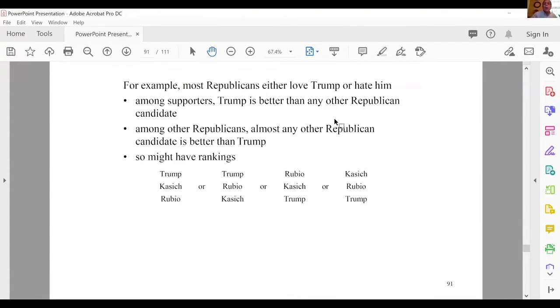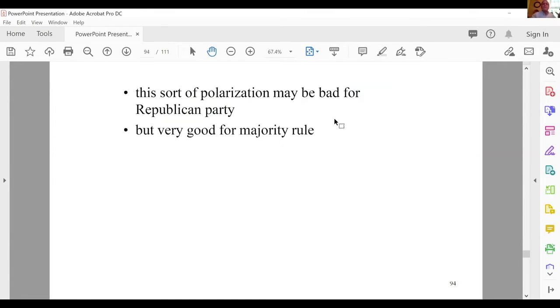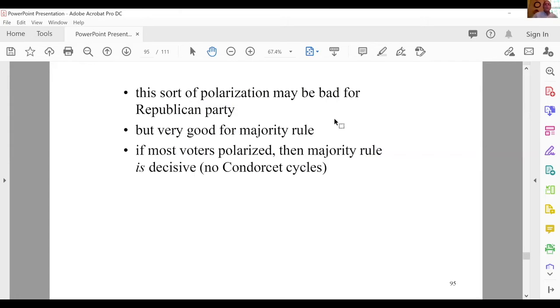But although that polarization may be bad for the Republican Party and may be bad for the country, it's actually very good for majority rule, because if voters are polarized in the sense that Trump is never ranked second, he's ranked first or third among 3 candidates, then we can't have the sort of paradoxical Condorcet cycle that I showed you a moment ago.